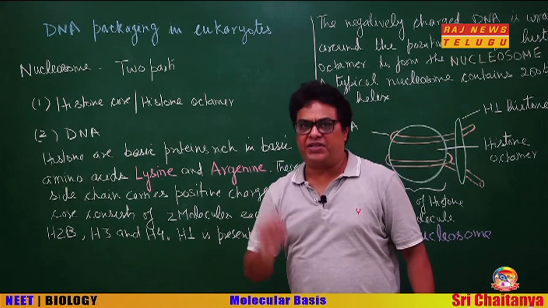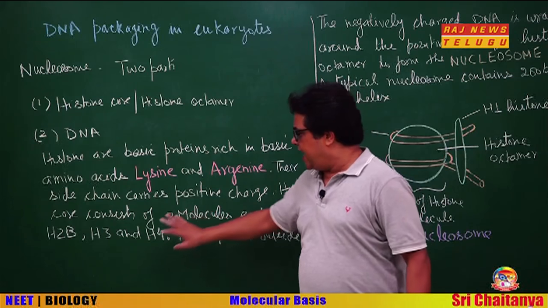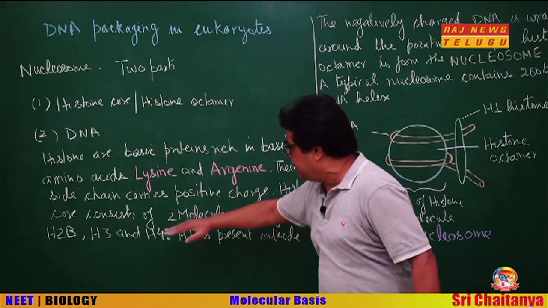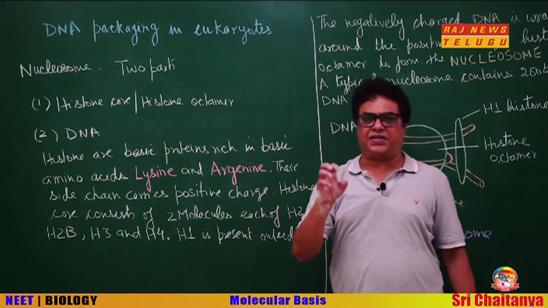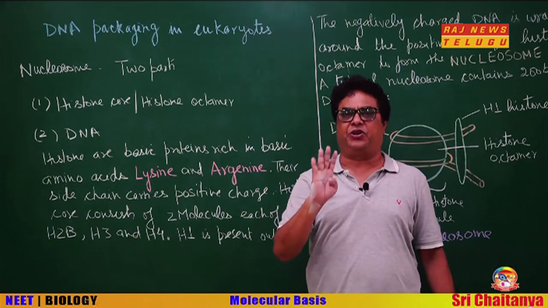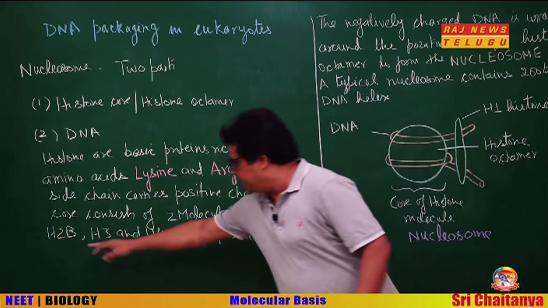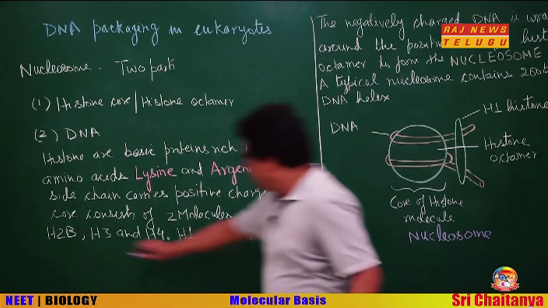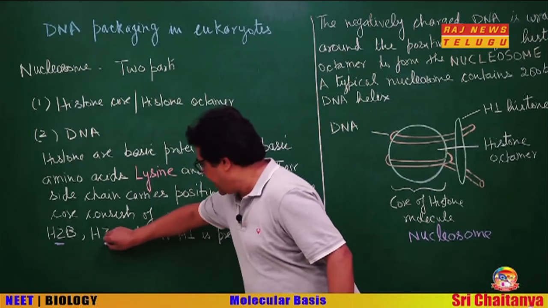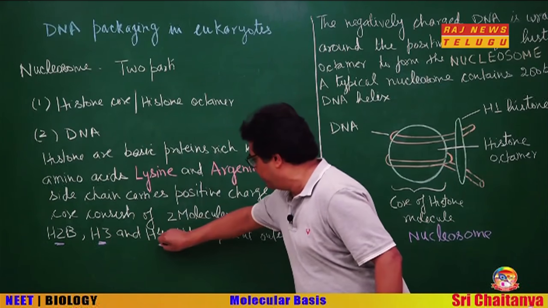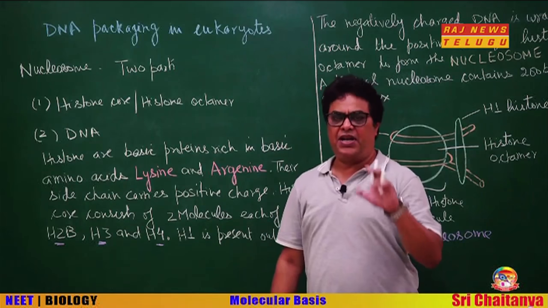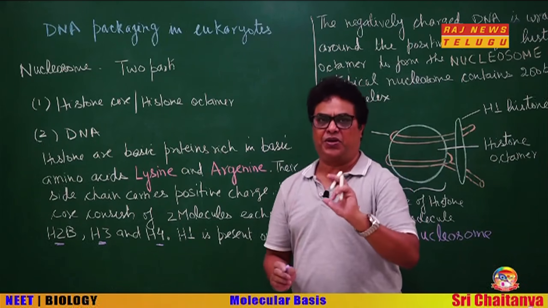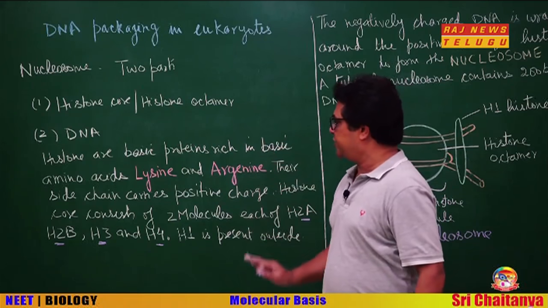The histone core is an octamer because it consists of two molecules each of four types of histone: H2A, H2B, H3 and H4. There is a fifth type also, but that is present outside, not in the core.